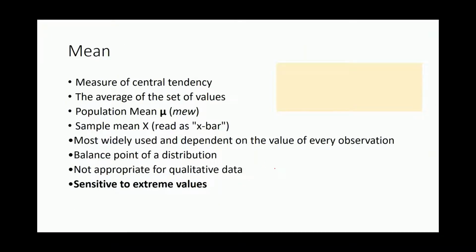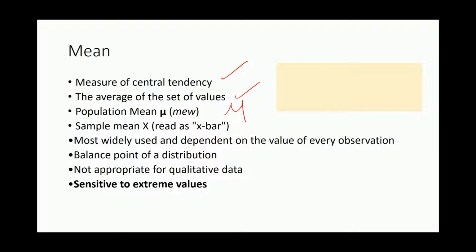So very easy. Mean is the measure of central tendency, which gives us the central value. It is an average of the set of values. For a large population, mean is presented as mu, and for a sample, mean is written as X bar, which I just told you.